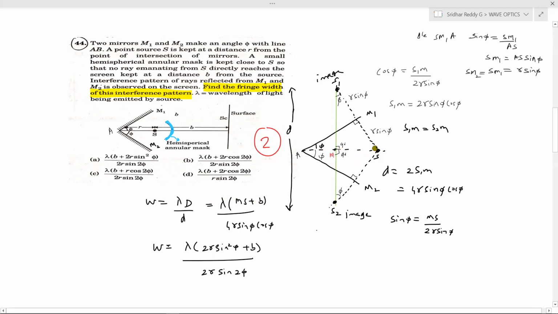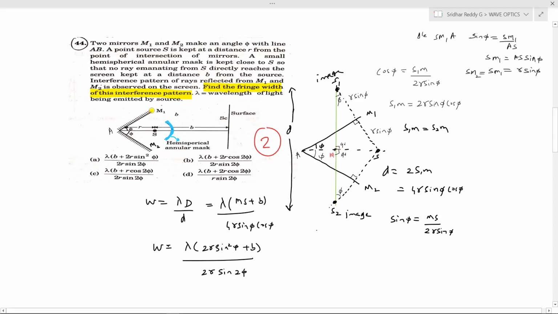What is MS? From sine phi equal to MS by S1S, and S1S equal to 2R sine phi, MS will be 2R sine square phi. I'll write that down, and I'll get the fringe width.